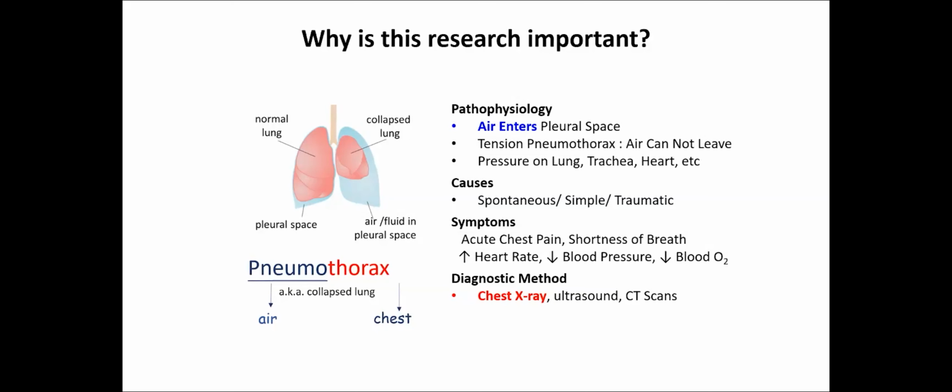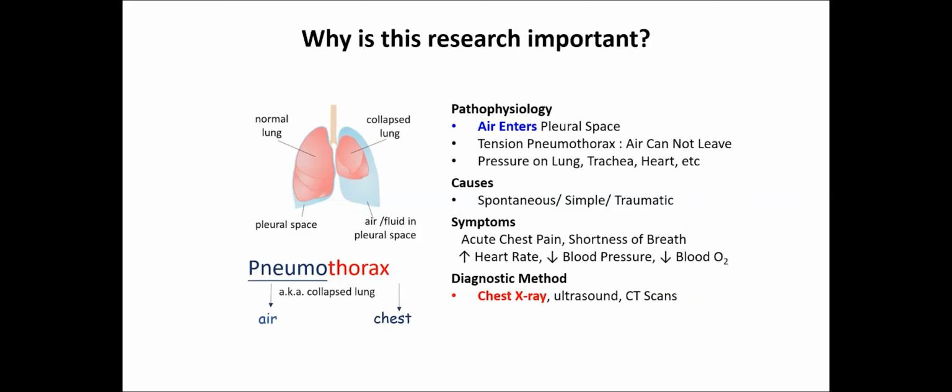There are causes such as it could happen spontaneously, it could be the simple type or the traumatic type. And when such pneumothorax happens, symptoms include increased heart rate, decreased blood pressure, and decreased blood oxygen.